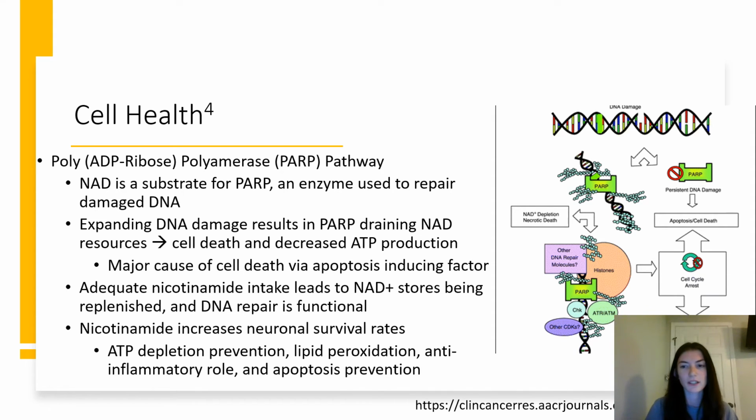The image I've included here is of this pathway that we've discussed in this slide. At the top you can see the DNA is damaged, and it can go one of two ways. It can go to the PARP pathway, or it can go to where we don't have enough NAD to produce the PARP, which results in the DNA not getting repaired and instead leading to apoptosis.